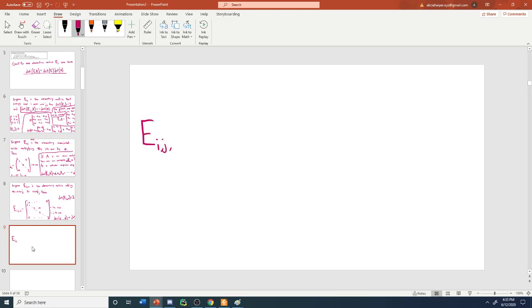E_{i,j,m} times A, where A is an abstract matrix, ends up looking something like this. You have a11, and then you have a12, and so on, up to a1n, and then you go all the way down until you get to the ith row.